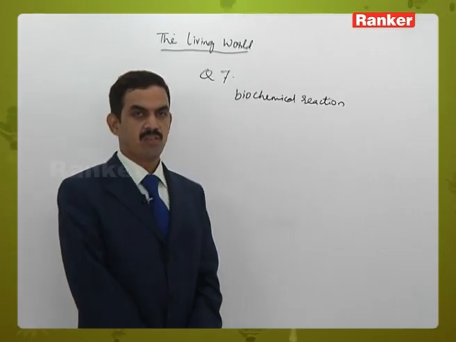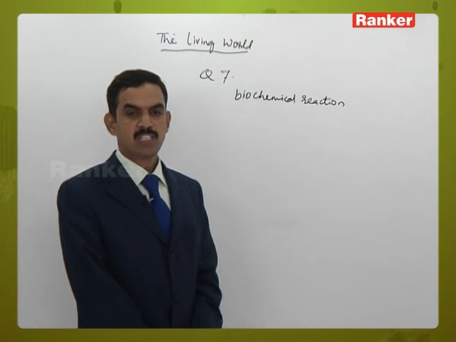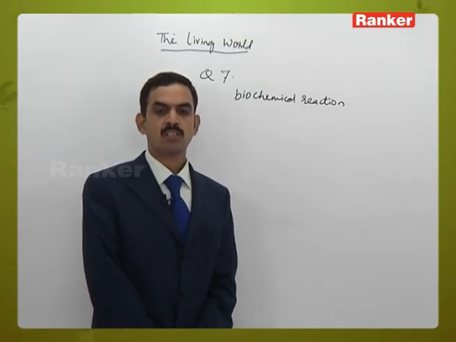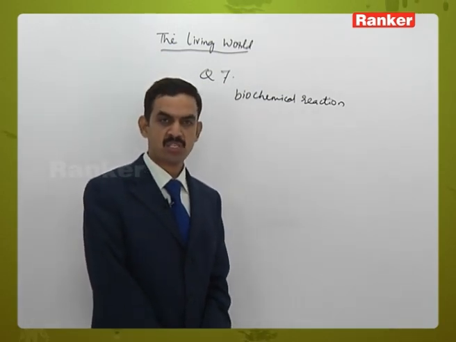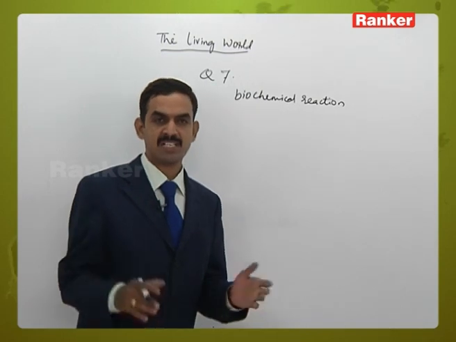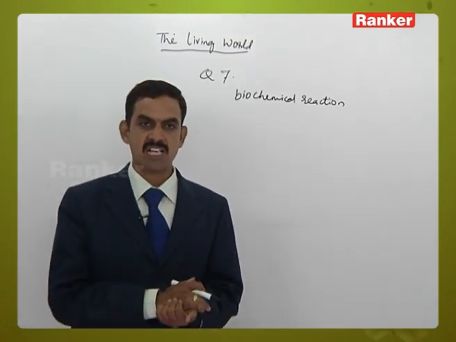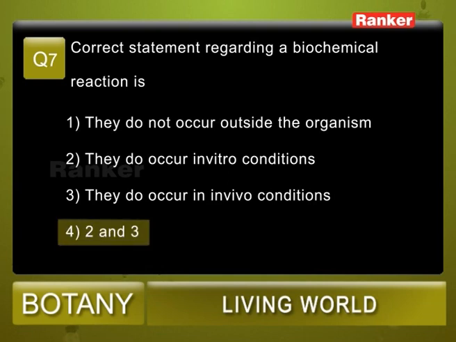Okay, for the solution to the 7th question, 'they do not occur outside the organism' is an incorrect statement, whereas they do occur in vitro and in vivo. In vitro means artificial, that is the laboratory, and in vivo means inside the cells. So options 2 and 3 are correct. So question number 7, the correct answer is 4.